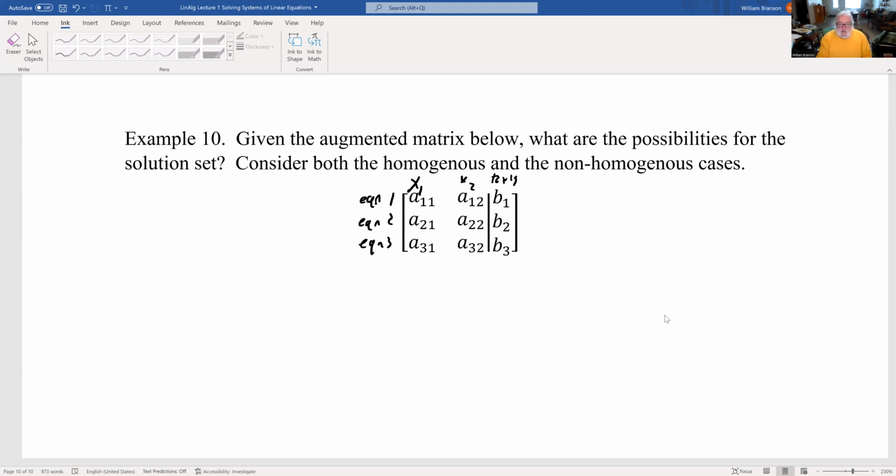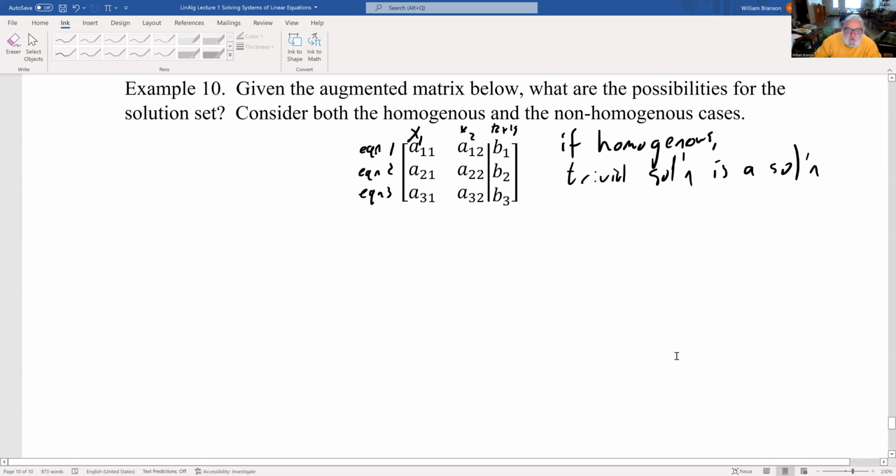And again, if the right side is zero, if homogeneous, the trivial solution is a solution, but we don't know whether or not it's the only solution. If it's not homogeneous, then we have to be careful. So what kind of reduced row echelon forms can we have? We only have two columns, so you can only have at most two leading ones.